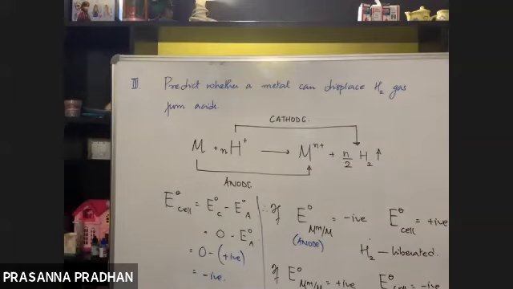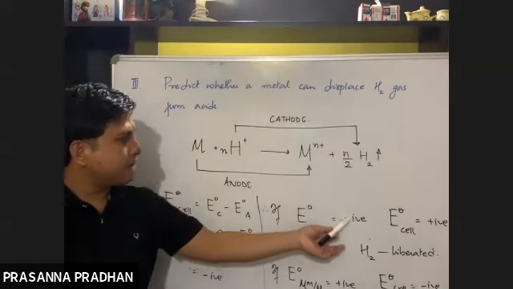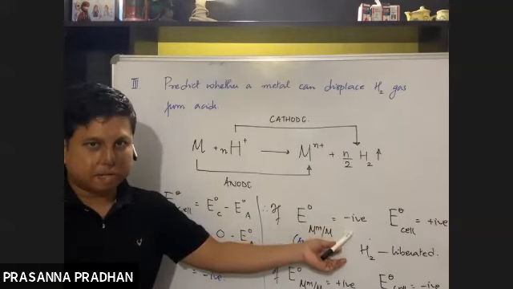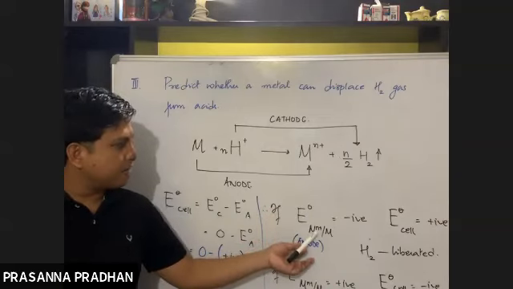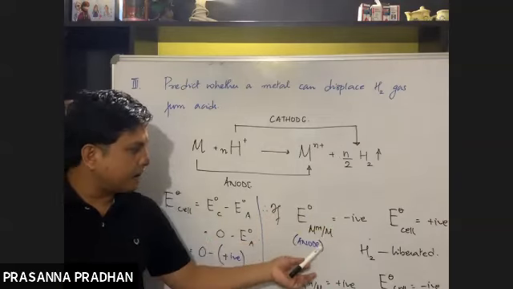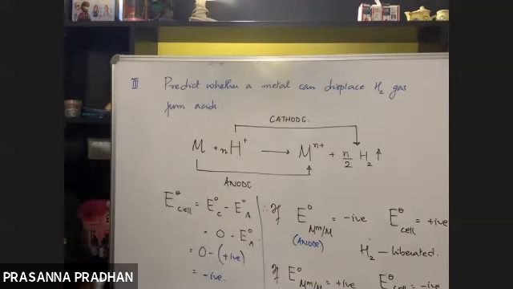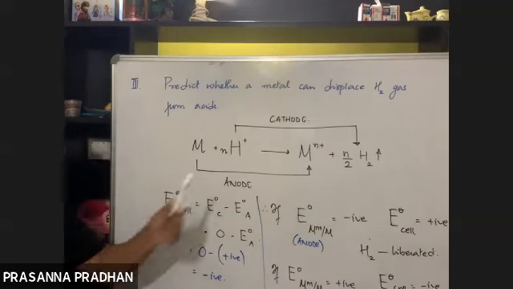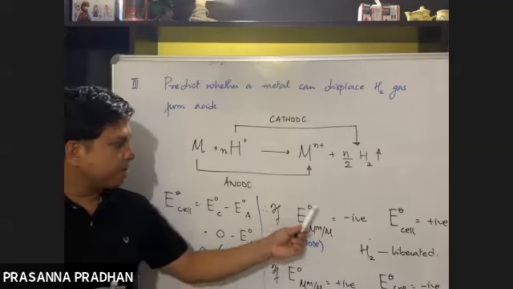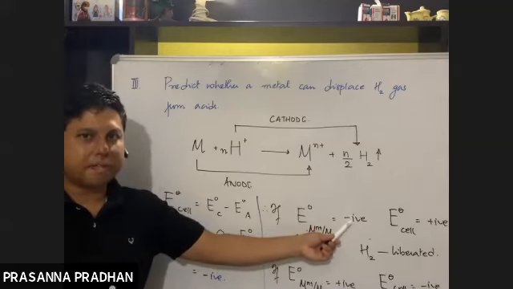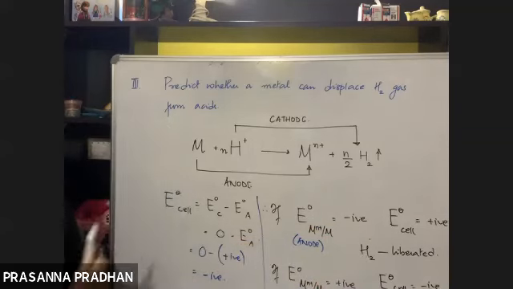So what is the conclusion? Only those metals whose standard reduction potential values are less than that of hydrogen will be able to liberate hydrogen gas. In a nutshell, those metals which have negative reduction potential values can liberate hydrogen gas.